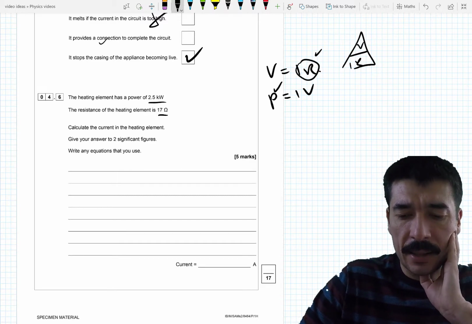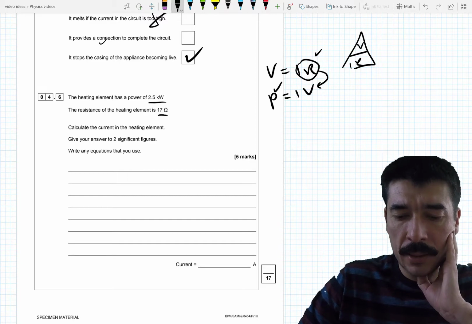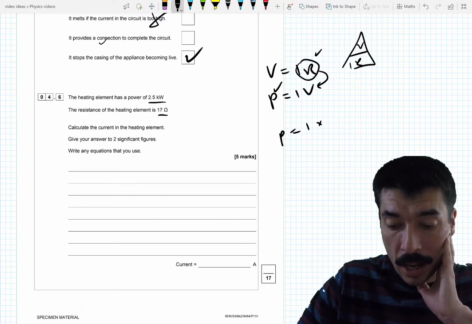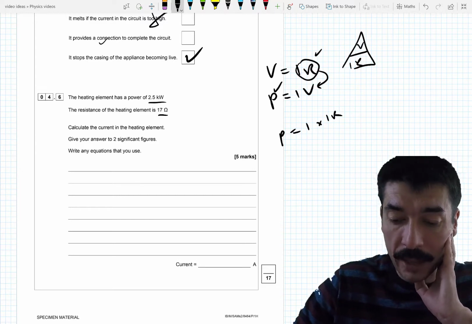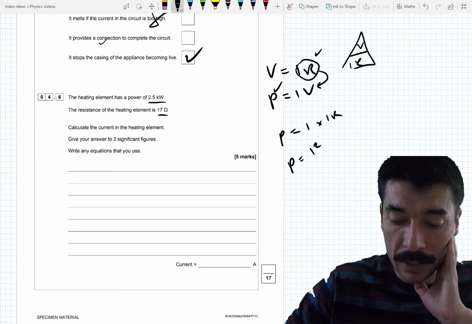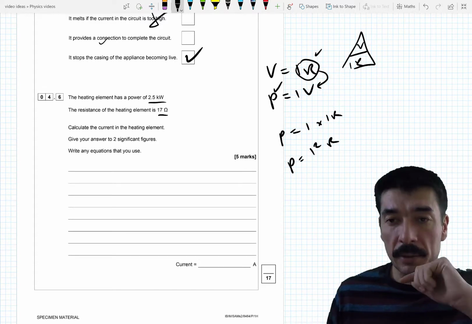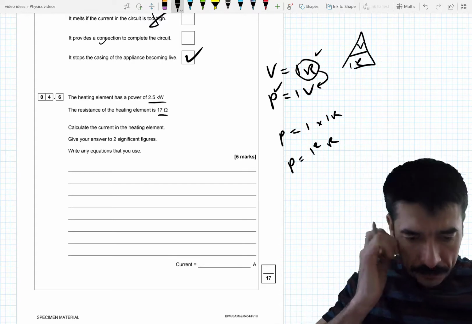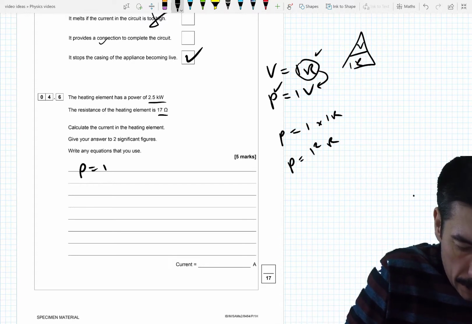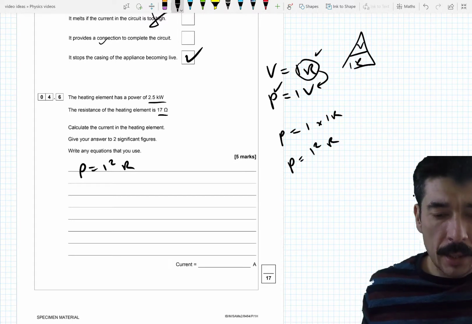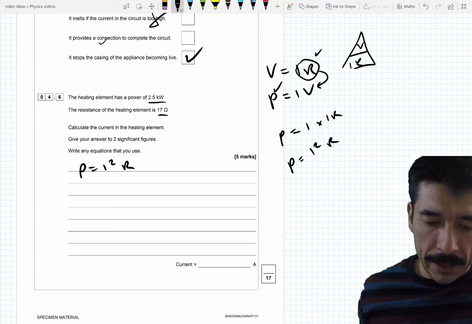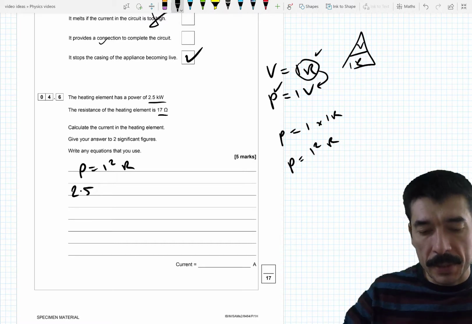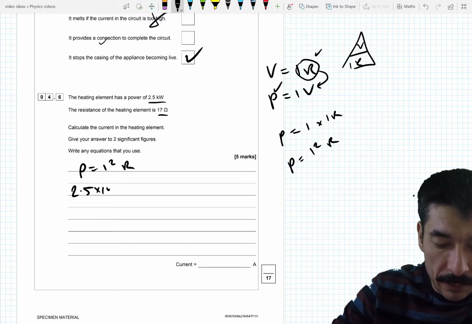If I take P equals I times V, and I stick in IR for V, I get I squared R. P equals I squared R. Now that looks like a winner. So if I use P equals I squared R, I can sub the numbers in. It's not 2.5 though, is it? It's 2.5 times 10 to the 3.